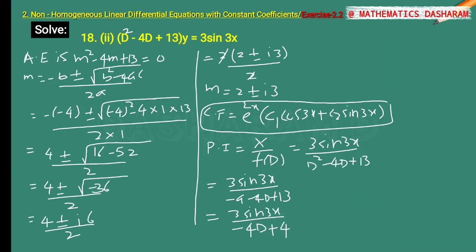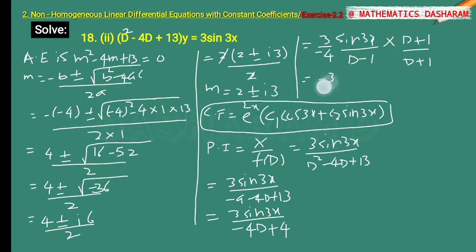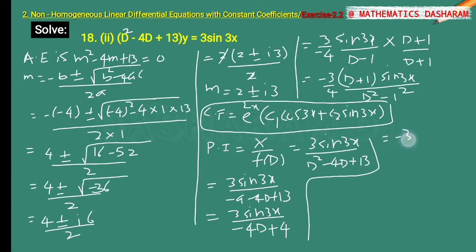So now let's take the minus 4 common in the denominator. So 3 by minus 4 sin 3x divided by d minus 1. Now multiply with d plus 1, divide with d plus 1. So minus 3 by 4, d plus 1 into sin 3x divided by d square minus 1 square. So it is equal to minus 3 by 4. Here d into sin 3x means derivative.